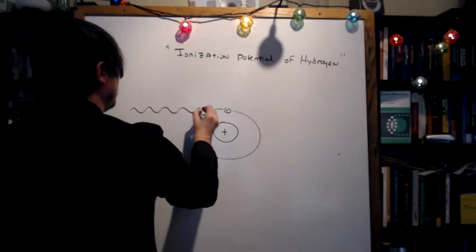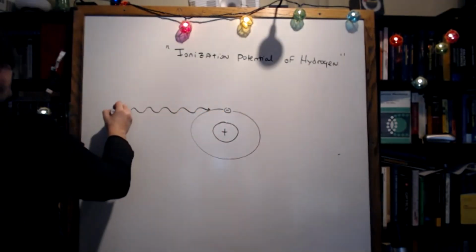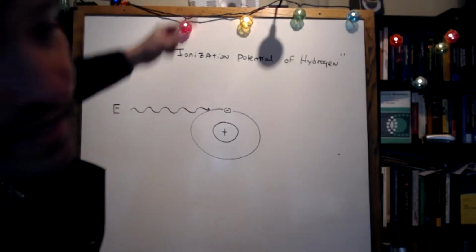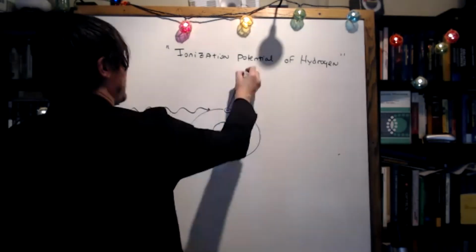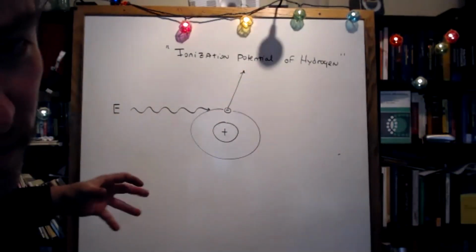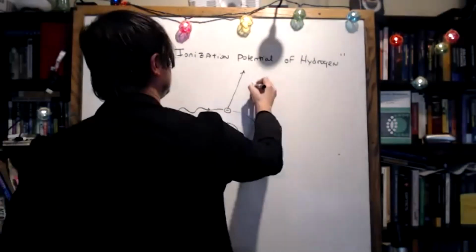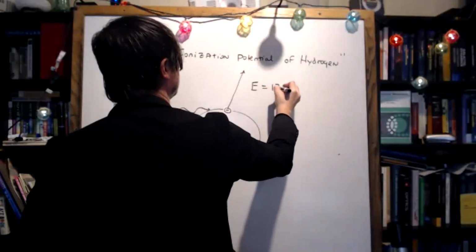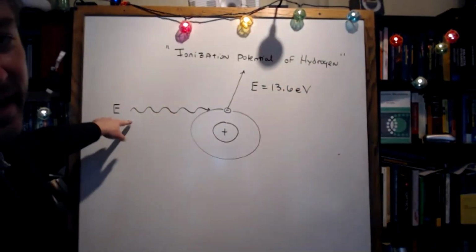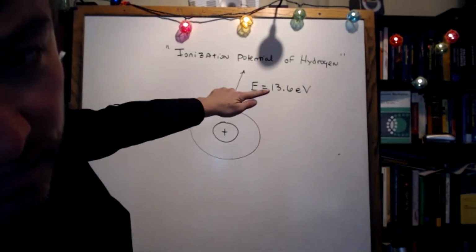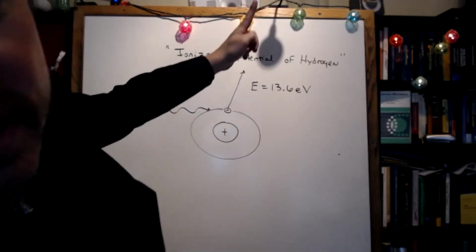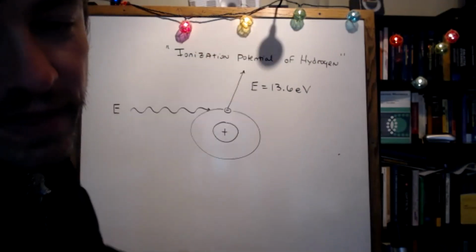The photon will come in, and provided the photon has exactly the right energy, the photon will kick the electron right off of the atom. We know that the ionization potential of the hydrogen atom is 13.6 electron volts. Therefore, if I have an incoming photon of 13.6 electron volts, it will have just the right energy to knock the electron off of the atom.